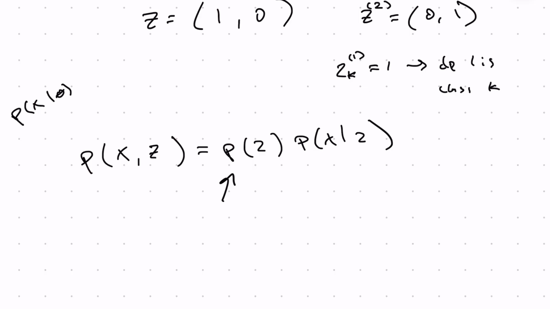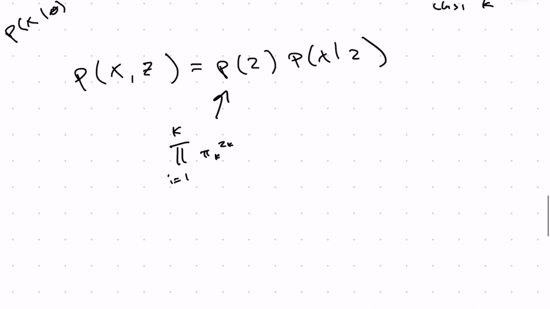So this equals... more notation here. Okay, let me break this down. Here it's iterating over all of the classes. But we need to define this pi thing.